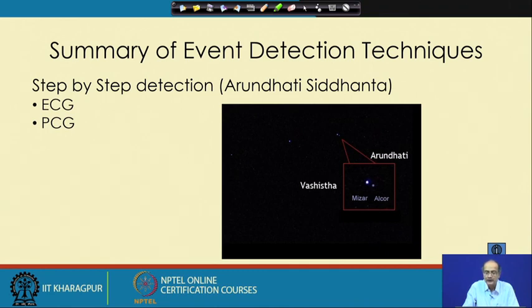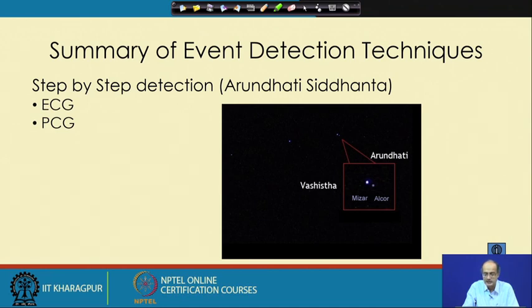When you look at the north sky, that is the north pole, there is the most prominent star, known as Vashishta. When we look at that star, beside it there is a small twinkling star. Okay. The western names are Mizar and Alcor.